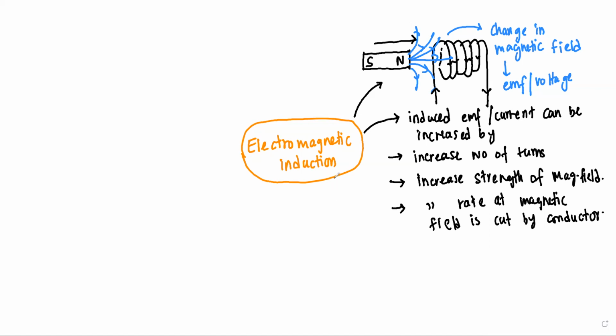And then there is a direction finding method for this. Now, when we're generating electricity or current, it has a direction.